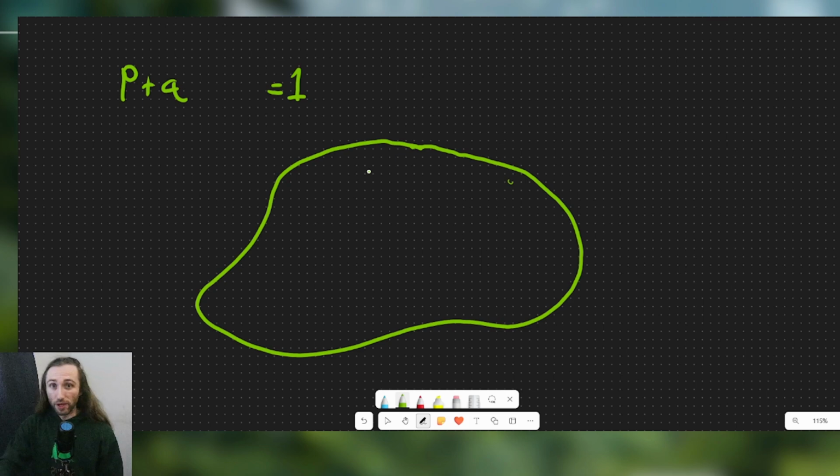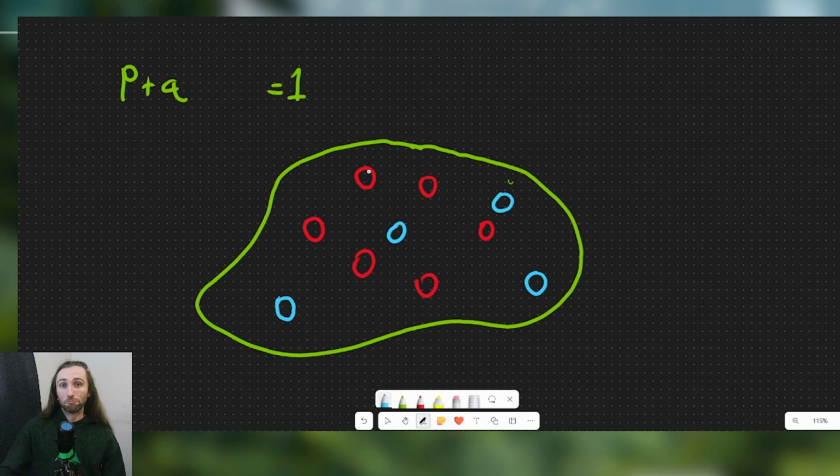So let's say we have this example population here, and we are sampling all of the genetic information from this population. And from here, we find that we have 6 individuals, so 1, 2, 3, 4, 5, 6, that are this red allele, and we find that there are 4 individuals that exhibit this blue allele.